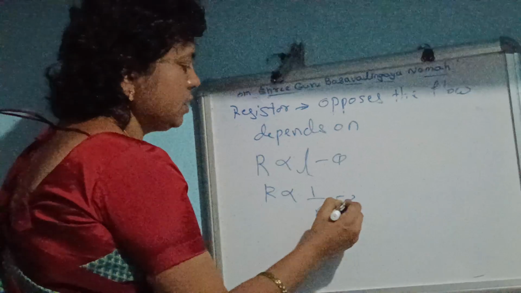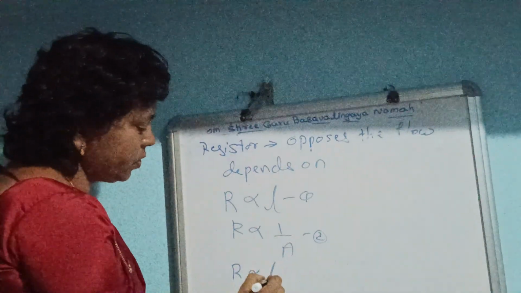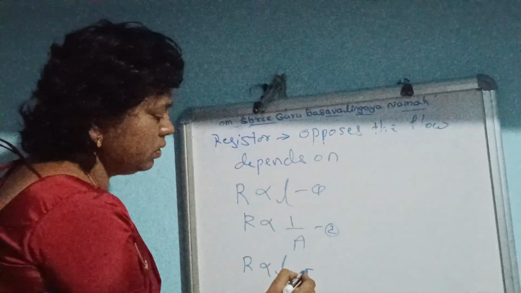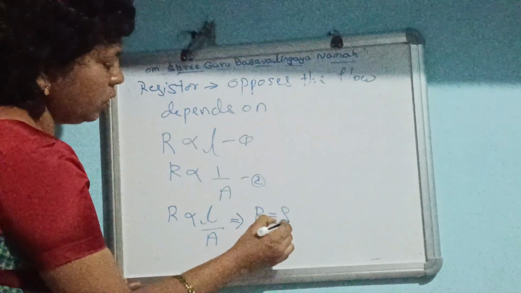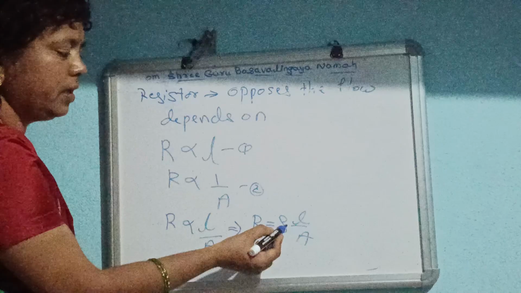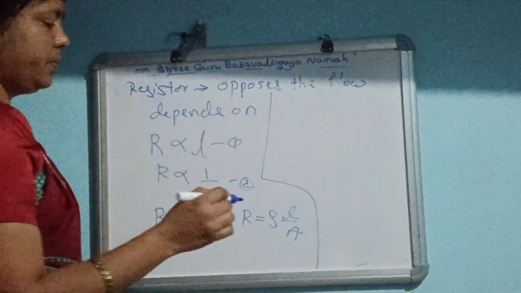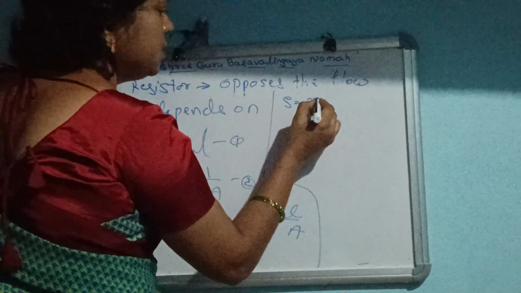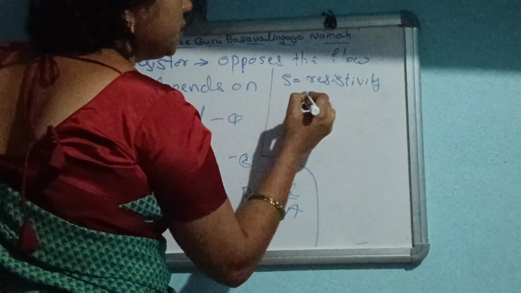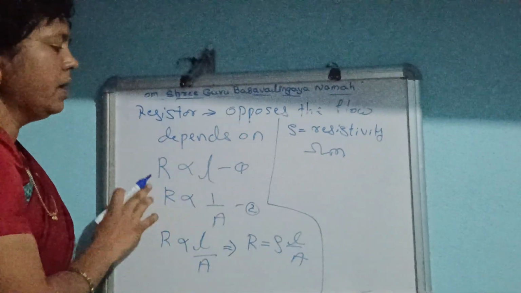So we get R is equal to rho into L divided by A. Here rho is the proportionality constant, that is the resistivity or specific resistance. The SI unit of resistivity is ohm meter.